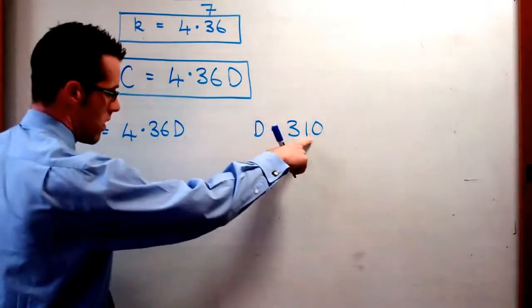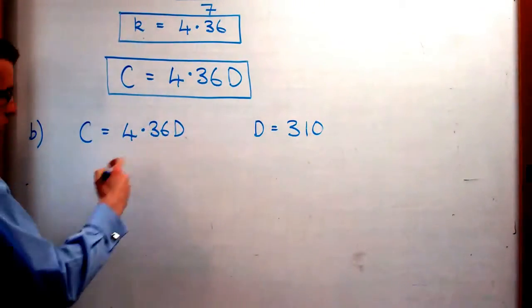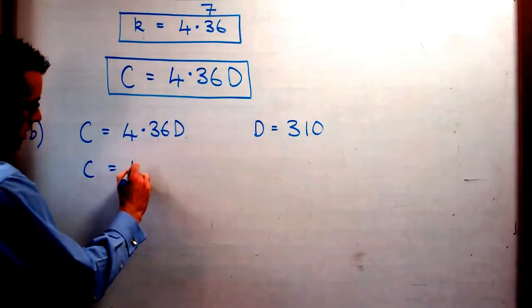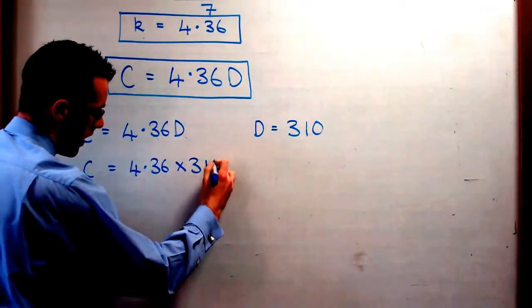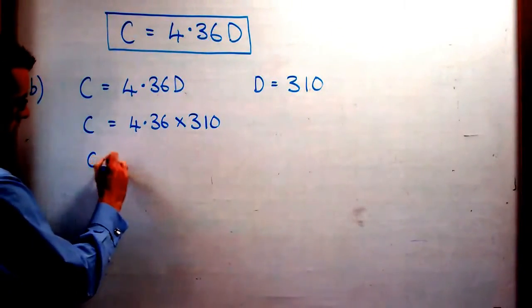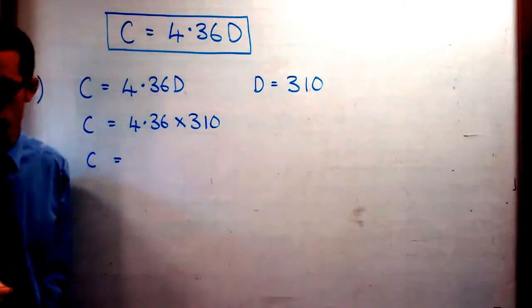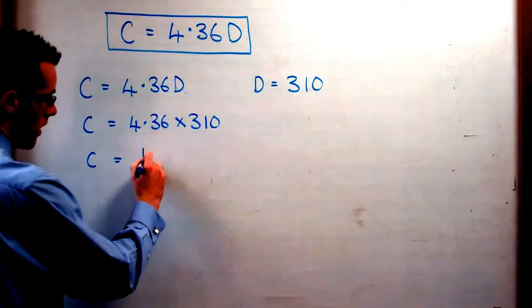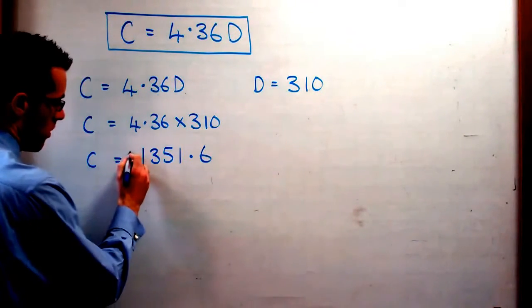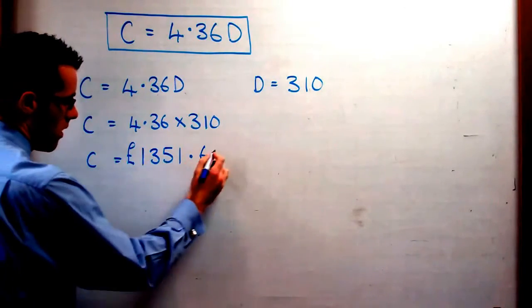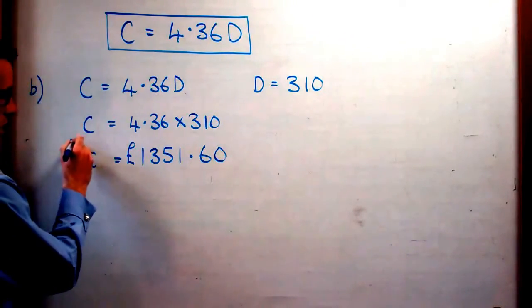So we just substitute that value in here. Remember, this is multiplying. So C is 4.36 times 310. And if we do that on our calculator, that means the cost of 310 DVDs will be, well, we know it's in pounds, so let's make that in pounds.